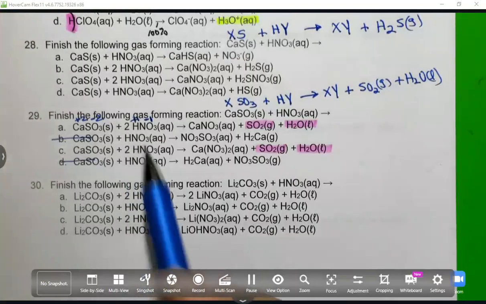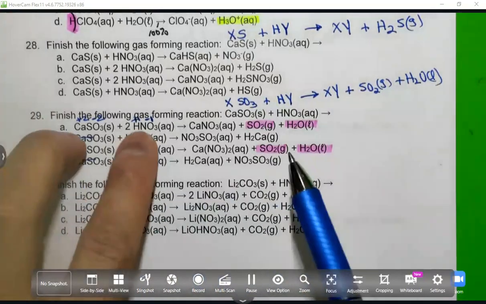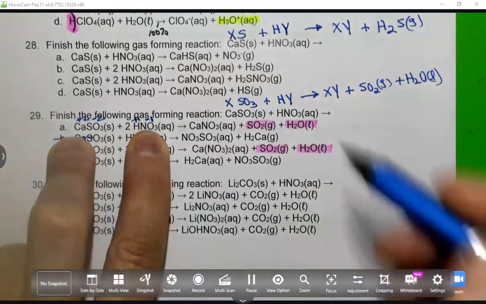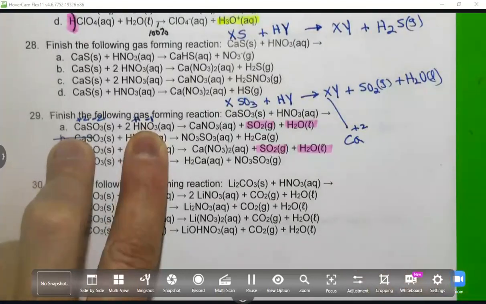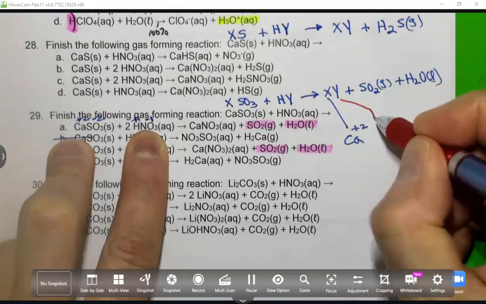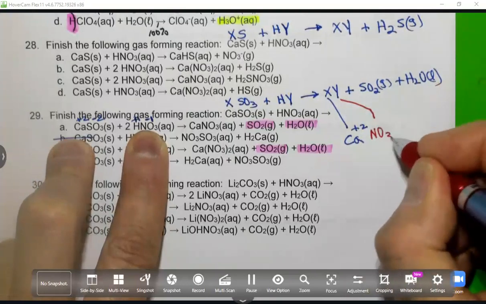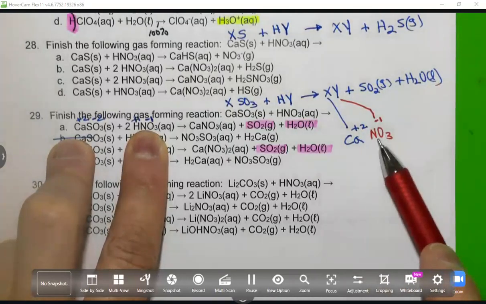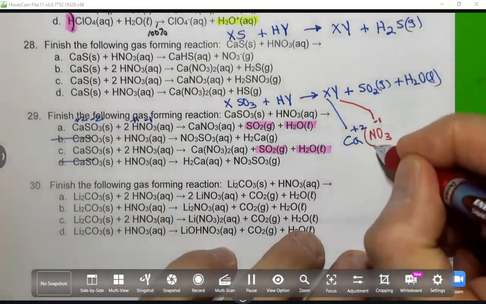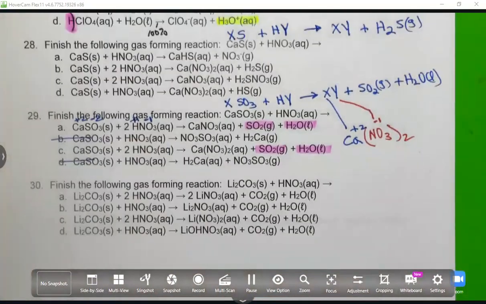So when we put together our XY, X is going to be calcium plus 2, and our Y is going to be nitrate minus 1, right? We need 2 nitrates out of this, so we would have a parenthesis, a 2 for that.